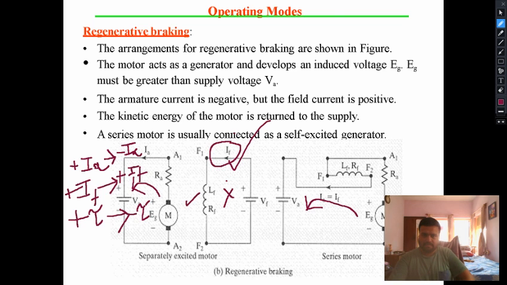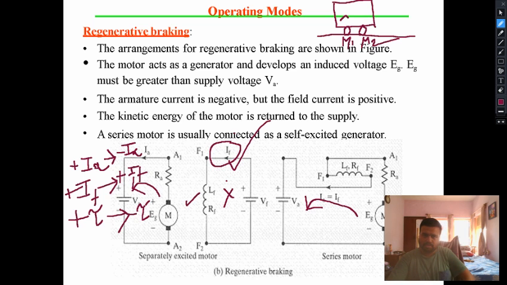So suppose I've already explained this to you. If you have a train like this, which is moving on the track, suppose this is the motor M1 which is coupled to wheel 1 and this is the motor M2 which is coupled on wheel 2.